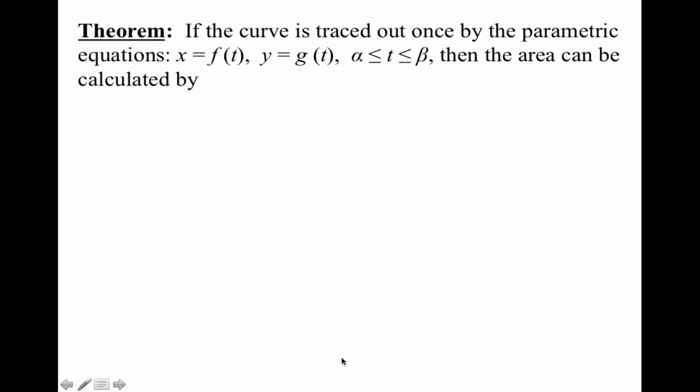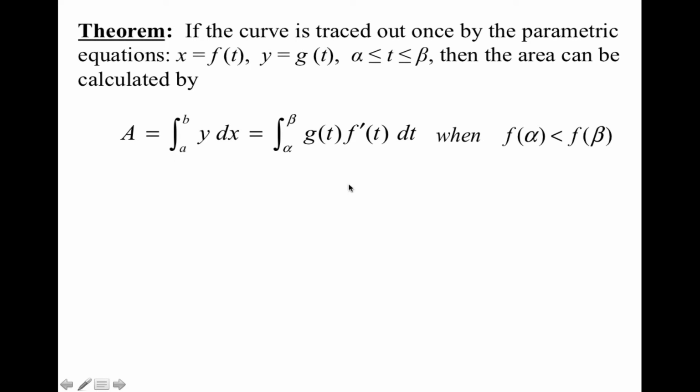So the theorem is if the curve is traced out once by the parametric equations, x equals f of t and y equals g of t, and t is between alpha and beta, then the area can be calculated by, and these are different forms, basically the integral from a to b of y dx, which is the same thing as the integral from alpha to beta of g of t times the derivative of f of t dt, when f of alpha is less than f of beta.